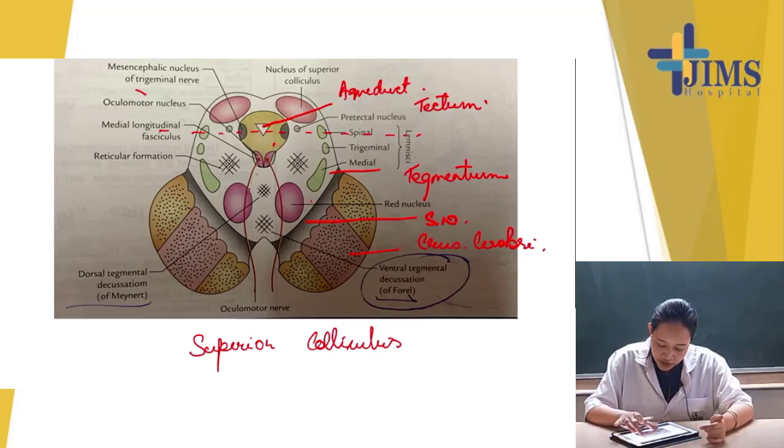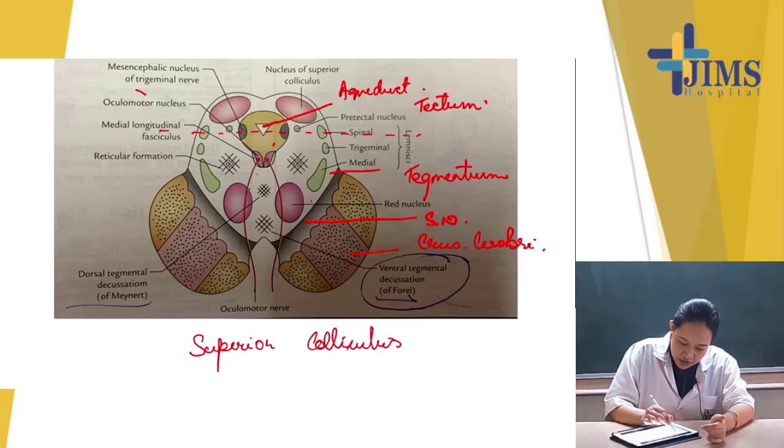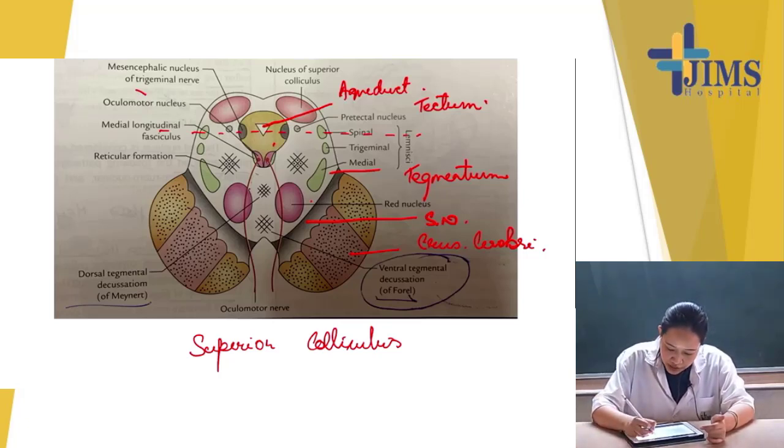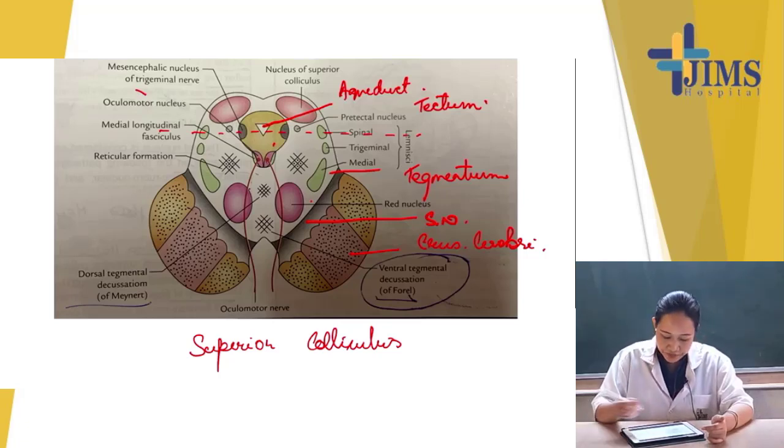So why do we call it a complex? Because it has different segments. What are the segments? First, we have the dorsolateral segment. Then we have the intermediate segment, or the intermediate nucleus. Next, we have the ventromedial. After ventromedial, we have the caudal central.